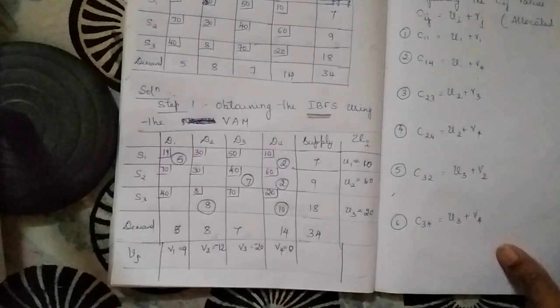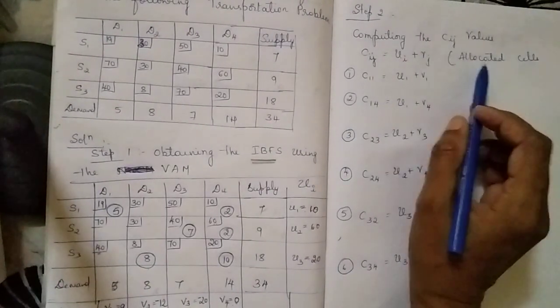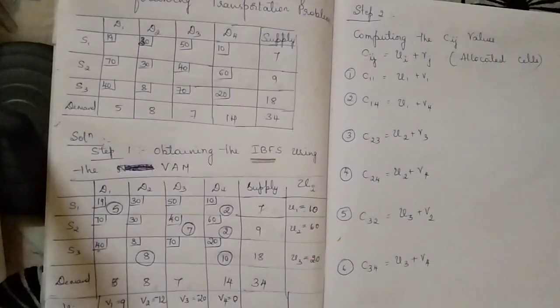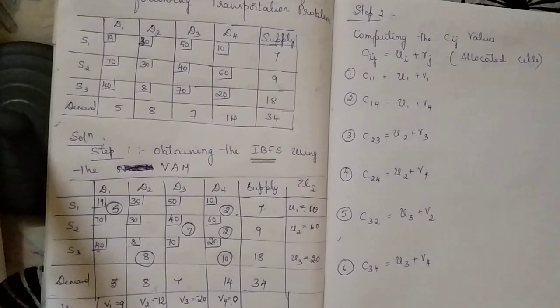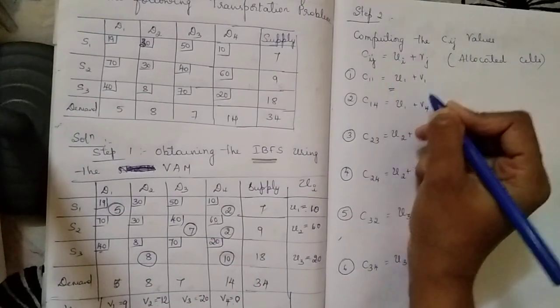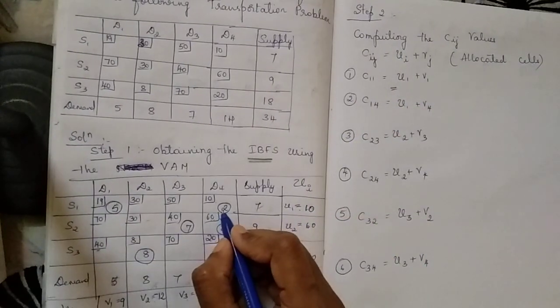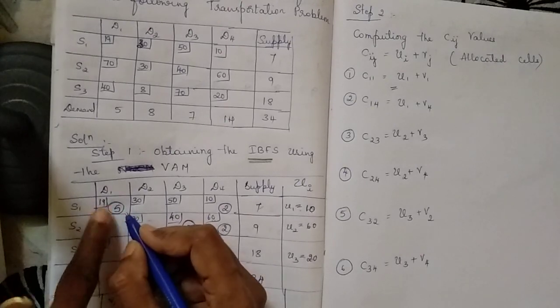Now the next step is to compute the cij values. The cij values will be calculated for the allocated cells as I told you. U1 plus V1, the same thing we have done here. So C11 is 19, right?